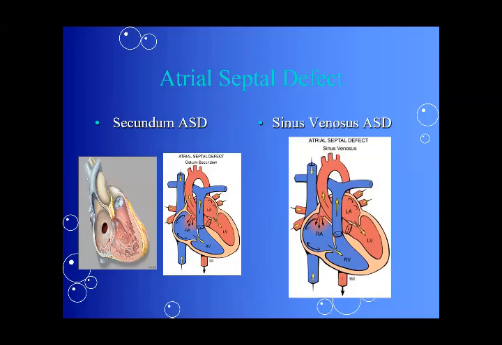If you see in the graphical representation, there is a large hole in the atrial septum between the two atria. In the other, they have shown the very high sinus venosus ASD, that is present just above the upper part of the heart. Sometimes it is also associated with an anomaly of the vessels present around it, called anomalous pulmonary venous drainage.